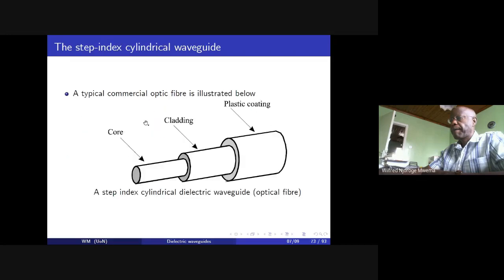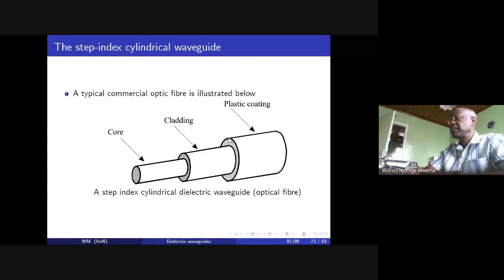So a typical commercial optic fiber will be illustrated as shown. You have seen the yellow plastic. I'm sure those of us who have been keen around the electrical engineer American way, they're always digging up the yellow cables and the likes. Those are the fiber cables.